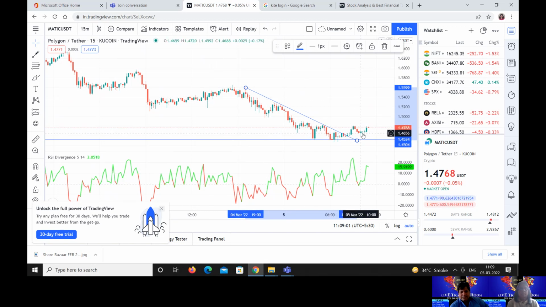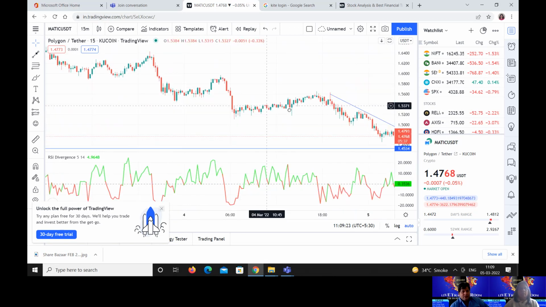Once this support is broken and it goes up from here, I would have definitely taken up a trade, because it has given a breakout on 15 minutes, and my trade would have been just for 15 minutes itself. On this green candle, I would have cut down my position once it breaks. So this is a constricting triangle that you can see here.